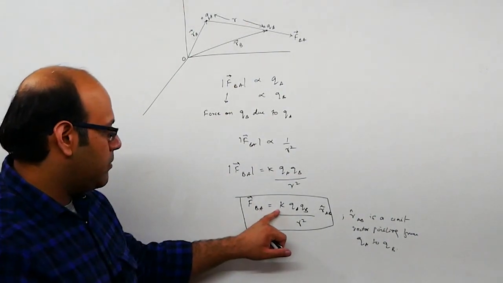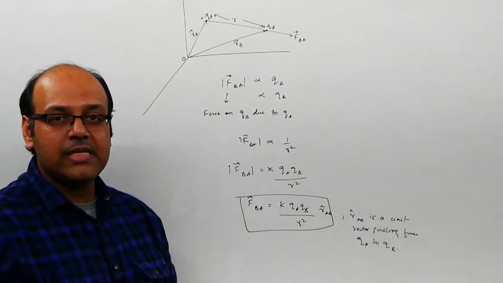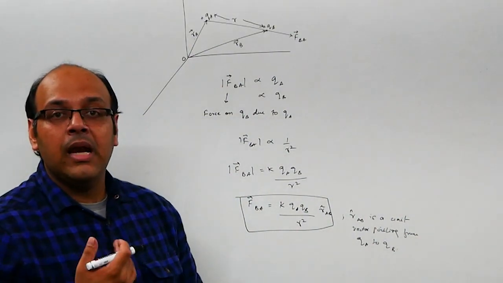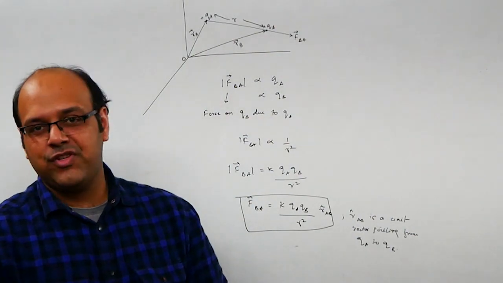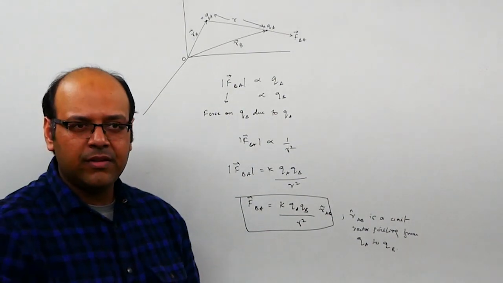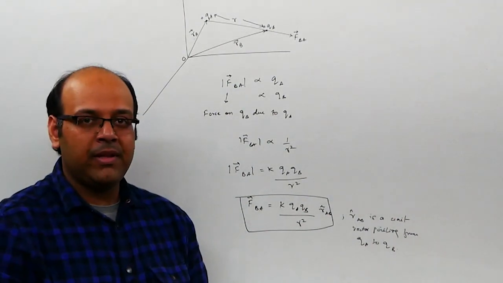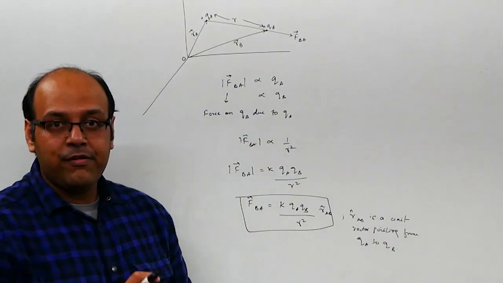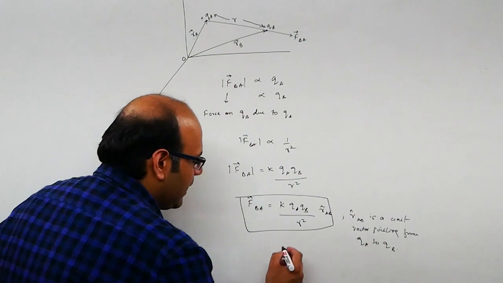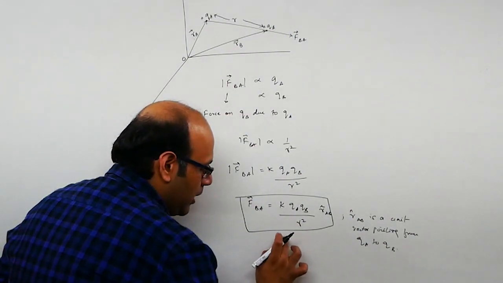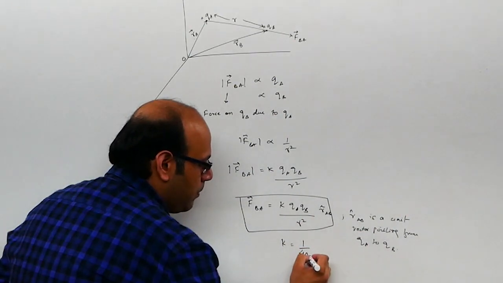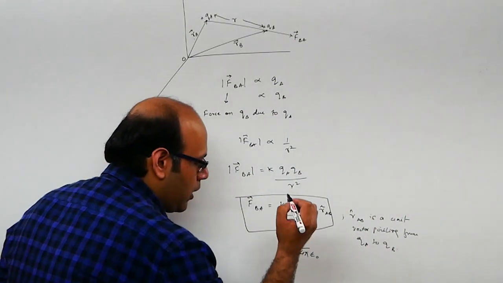I am writing the value of K. Understand that K, the constant for electrostatics, depends on the medium in which the two charges are. We will talk about K all through the chapter and maybe in the next chapter also, but for now, understand that this is small k, lowercase k, equal to 1 upon 4 pi epsilon naught.